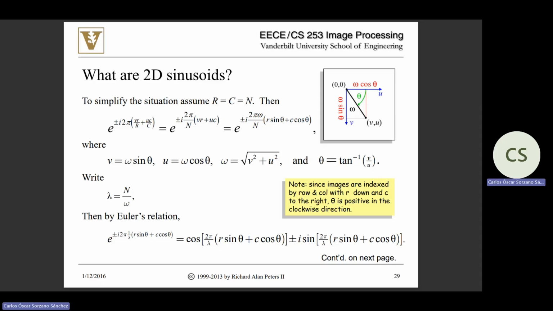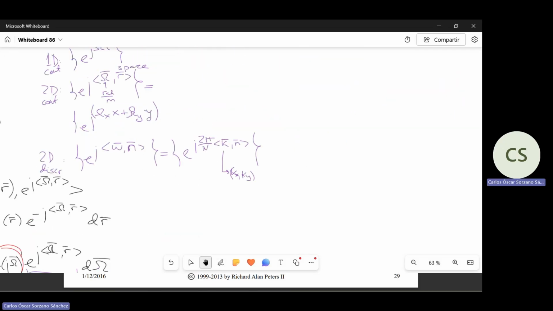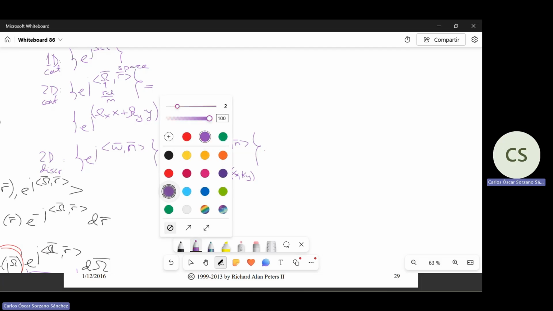You recognize here the inner product. So this is an inner product. If you want, you can put it also this way. Let's extend this one to be for non-square images. For non-square images, you can put it this way.